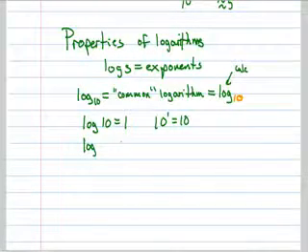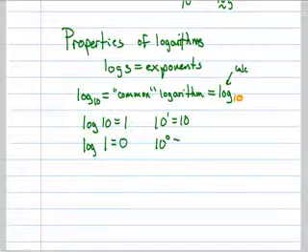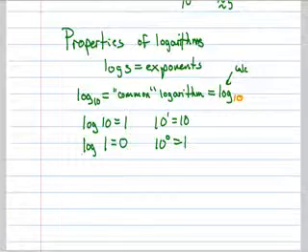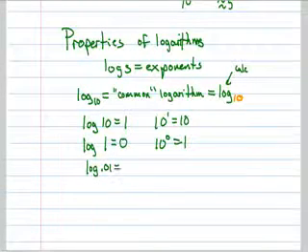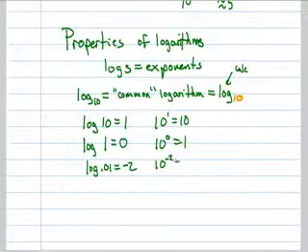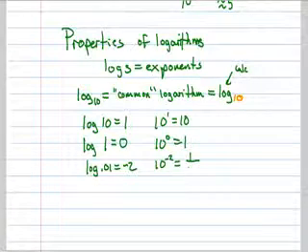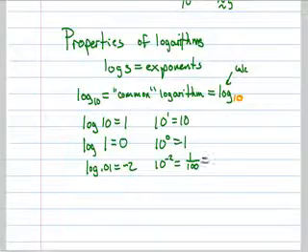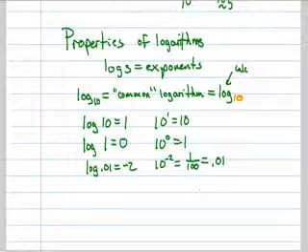The log of 1 should be equal to 0 since 10 to the 0 power is equal to 1, remembering that logarithms are exponents. The log of 0.01 should be equal to negative 2, since 10 to the negative 2 is equal to 1 over 10 squared, which is 1 over 100, which as a decimal is 0.01.